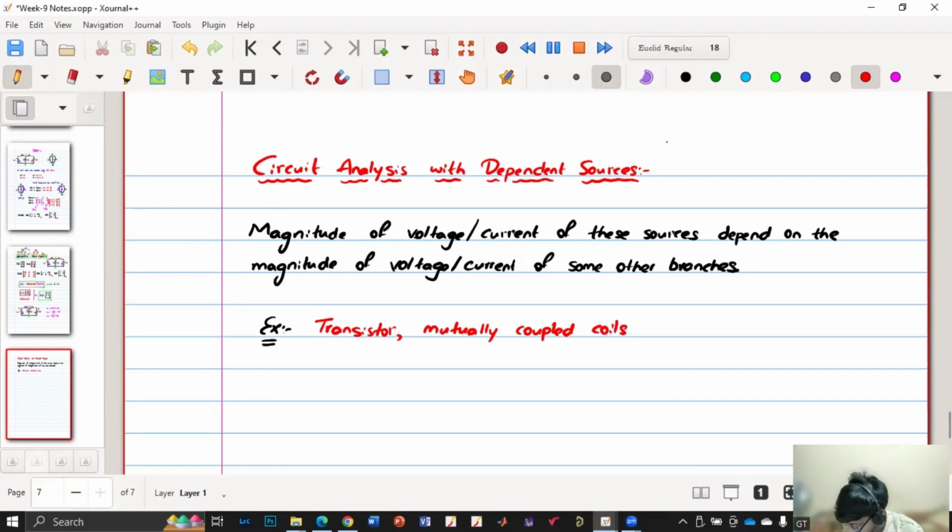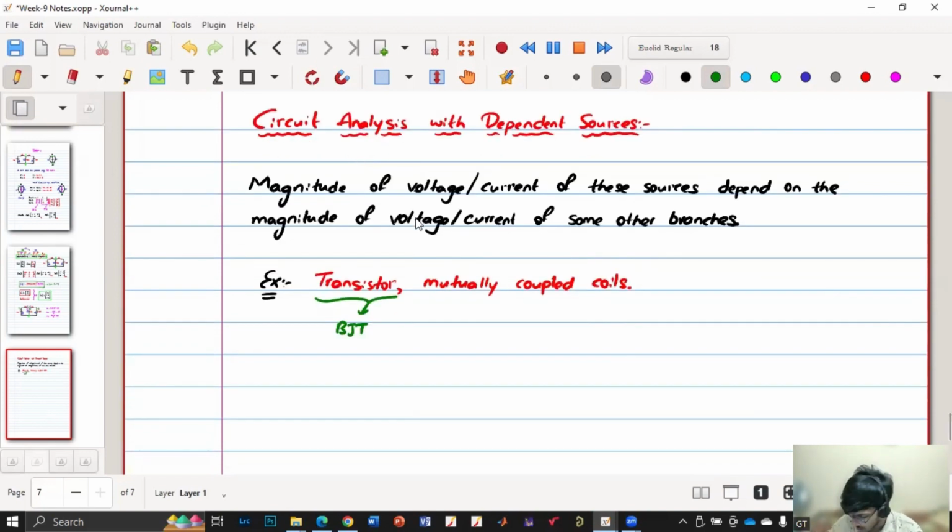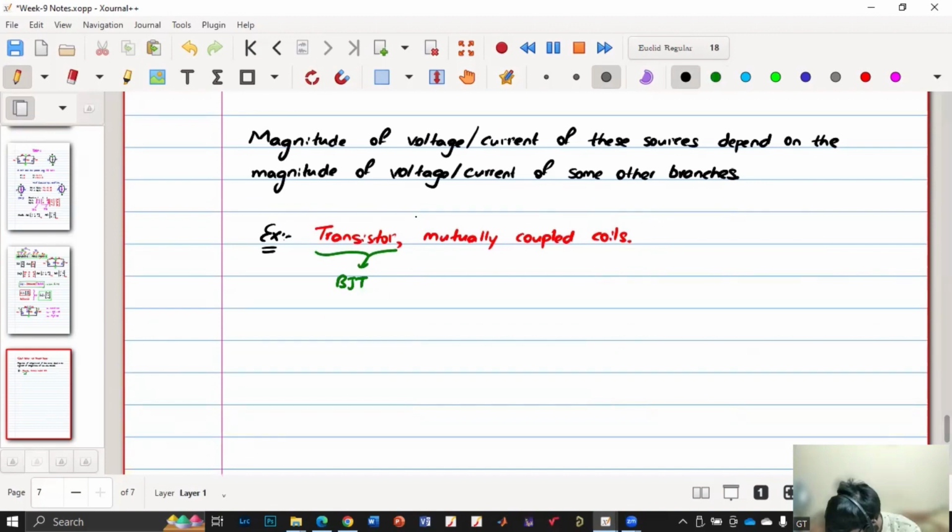Here I'll give one example of a transistor. I'll consider a BJT. If you are not taught about BJT, then it's okay, just don't think about it. But if you know, then I'll take one example. I'm considering an NPN. This is the base, this is the collector, and this is the emitter. In the case of a BJT, the collector current is just a constant beta times the base current.